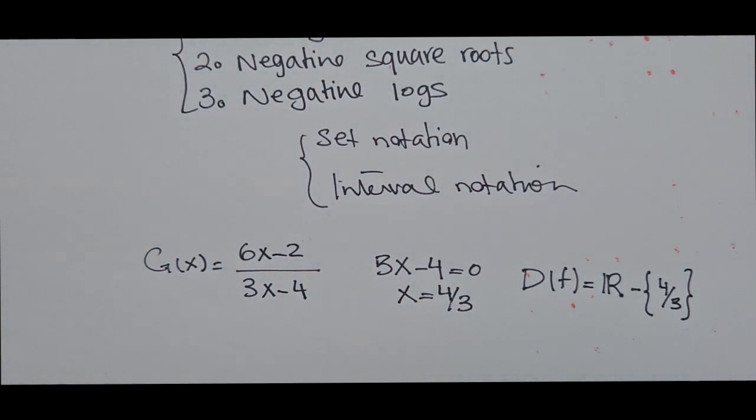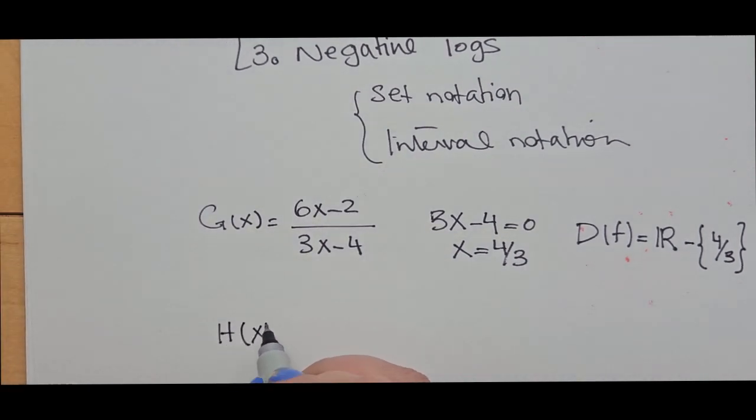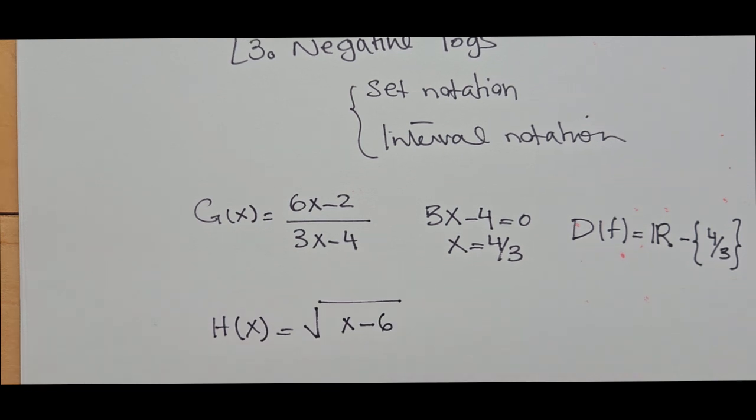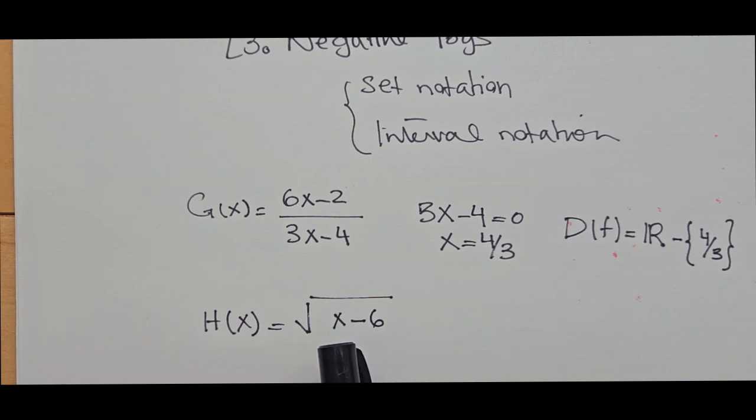Okay, now let's do another example. So here, let's say h of x is the square root of x minus 6. Remember, here your function is h, your independent variable or your input is x, and the operation is that 6 is subtracted from your input, and then the square root is taken.